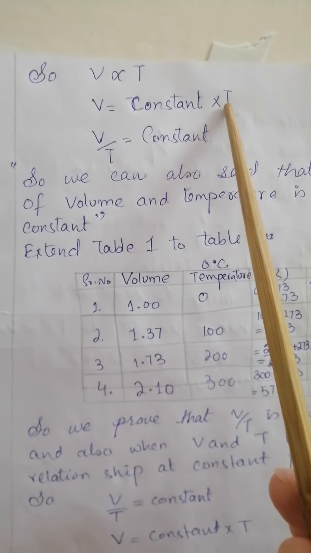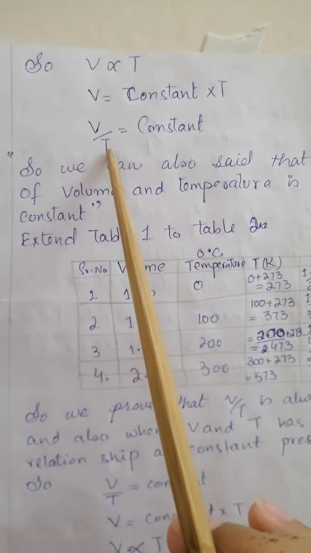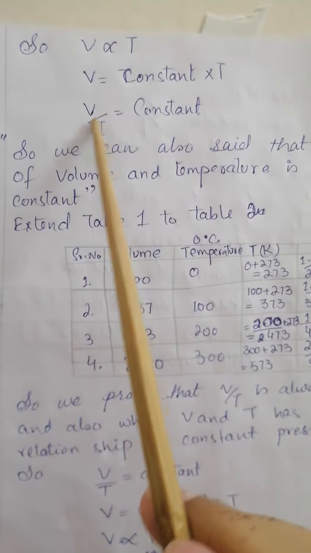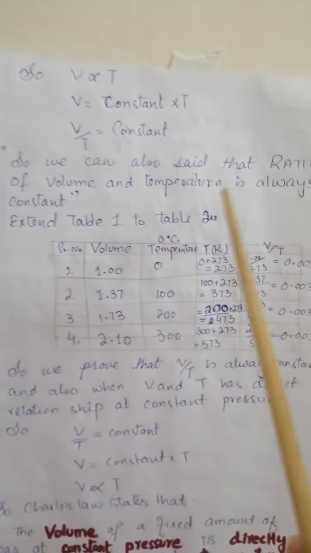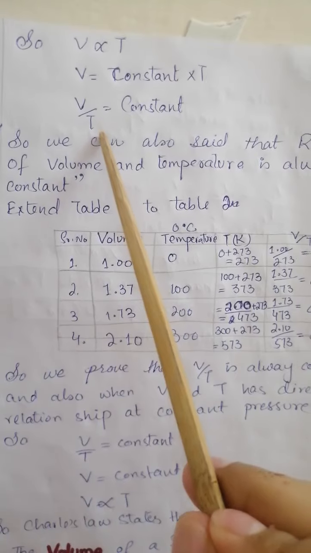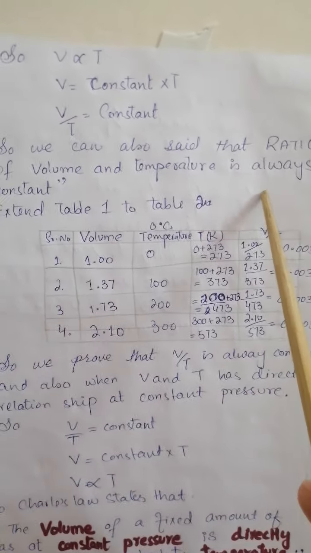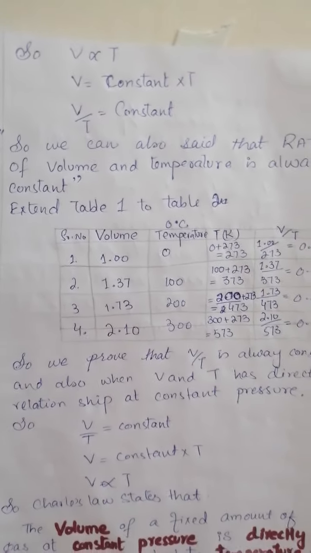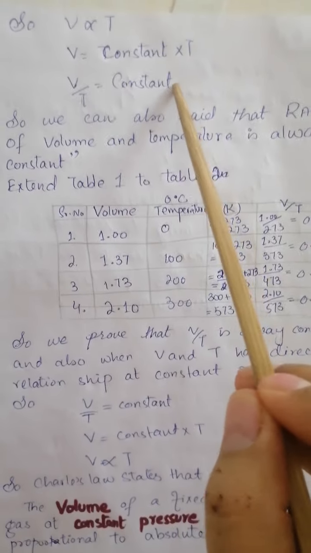After that, we take T and put it on the other side, and we get our new derivation, which is V by T is equal to constant. So we can also say that the ratio, meaning the division, of volume and temperature is always constant.